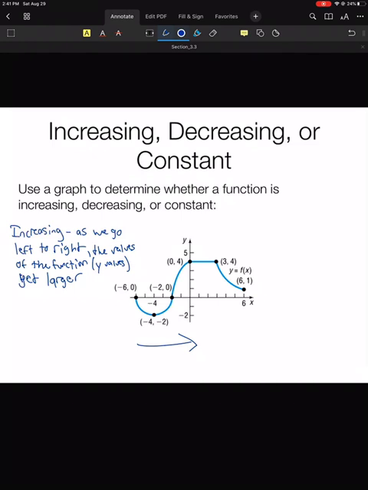What I'm asking in these types of problems is, for a given function, the graph of one that you see here, I want you to give me the intervals where the function is increasing, decreasing, and constant.